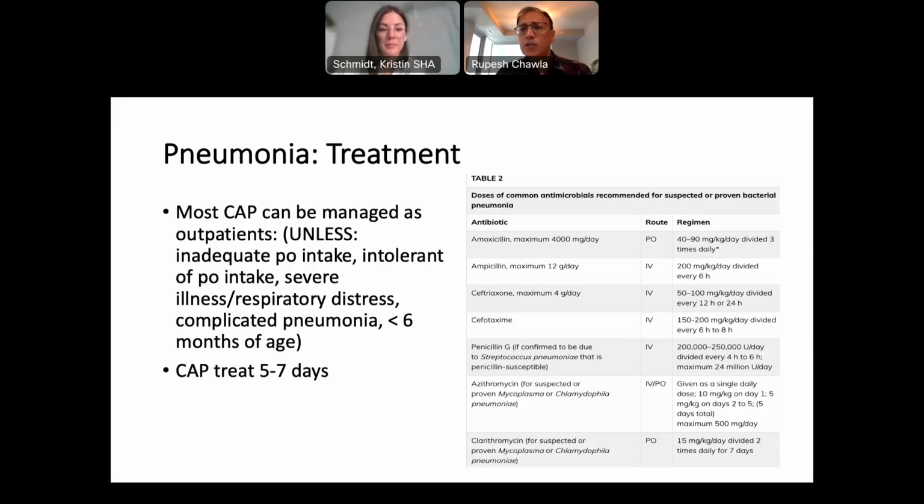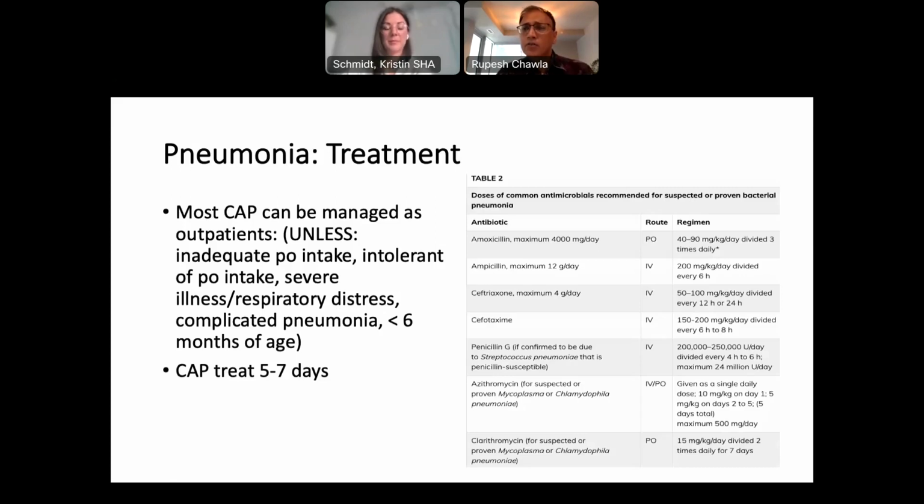In this situation, we do recommend for pneumonia dividing it 3 times a day, unlike for the other disease processes like otitis and sinusitis that we talked about with BID dosing. But for pneumonia, we do want you to use 3 times a day dosing for the high-dose amoxicillin. If they do get admitted to hospital, which we can talk a little bit about, basically ampicillin should be the choice. And if they're more unwell, then ceftriaxone and then higher grade therapy.